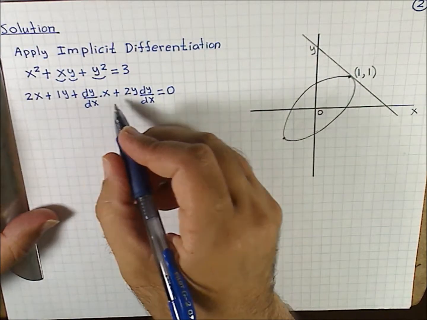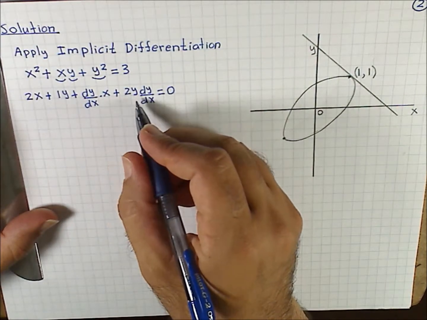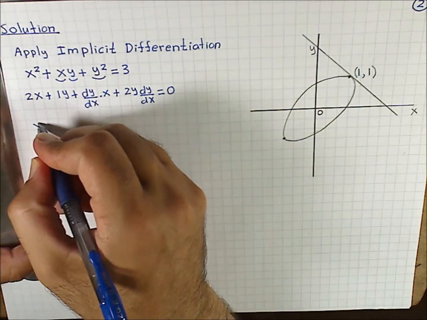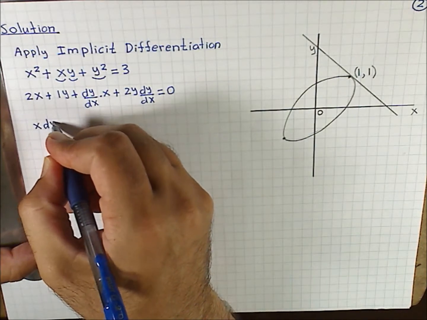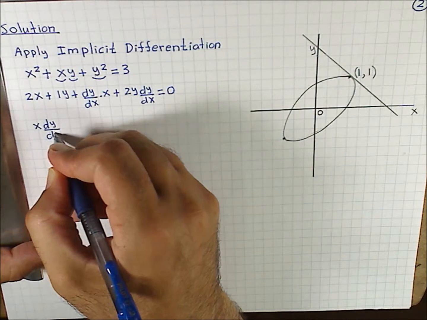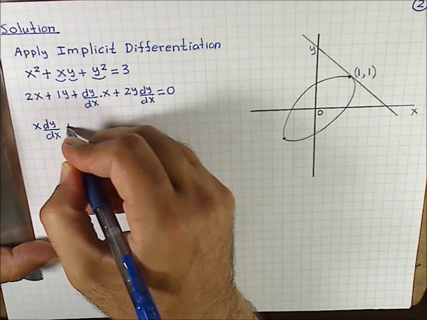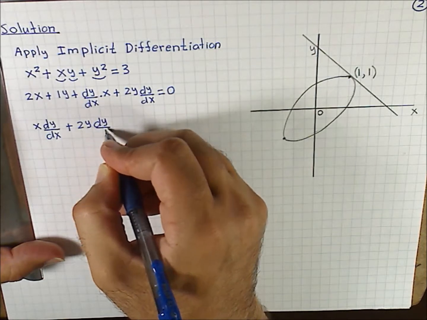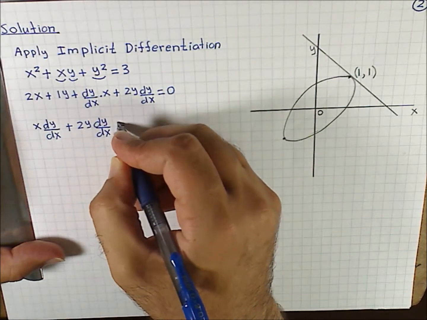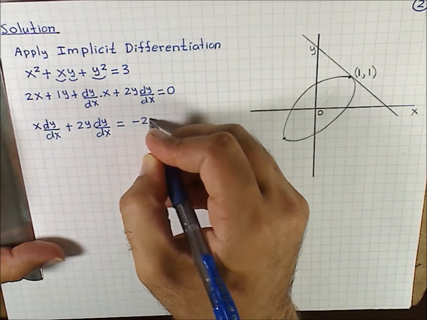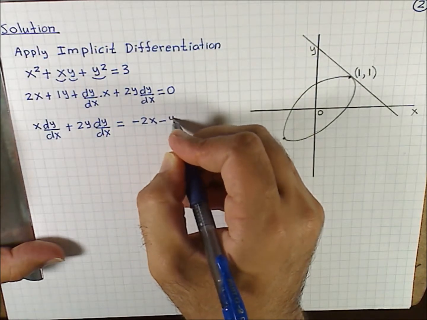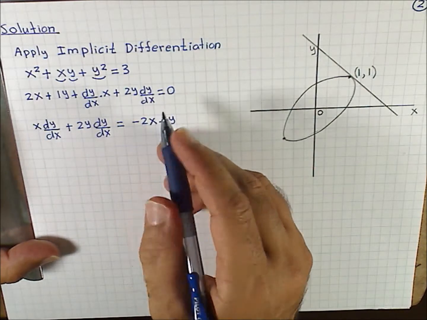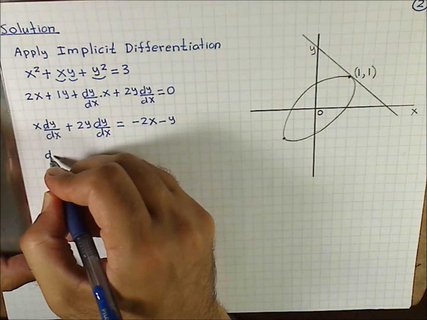Okay, let's put all the terms that involve dy/dx on this side and all the other terms to the right hand side. So we get x dy/dx plus 2y dy/dx is equal to minus 2x minus y. That's if we bring these two terms to the right hand side. Now let's factor dy/dx.